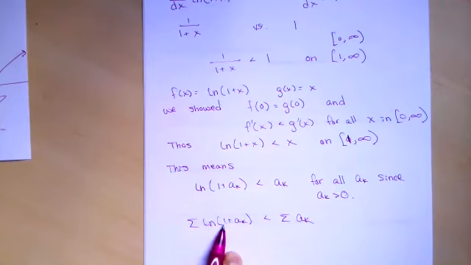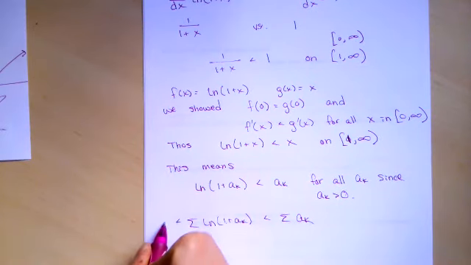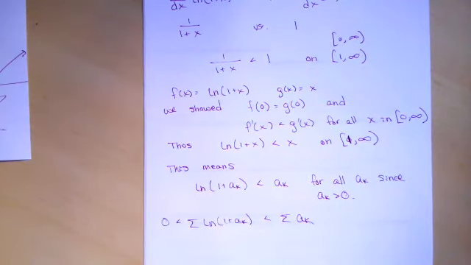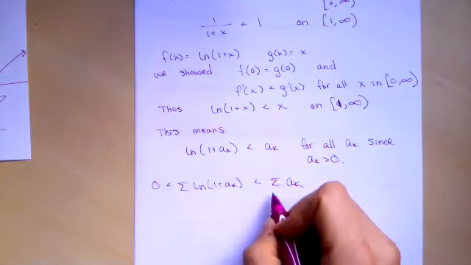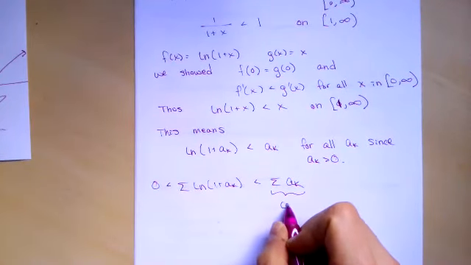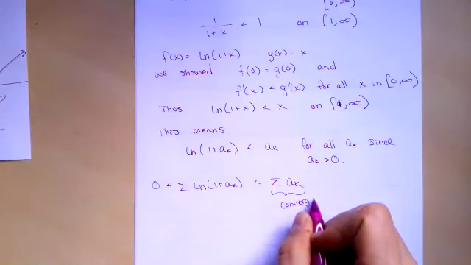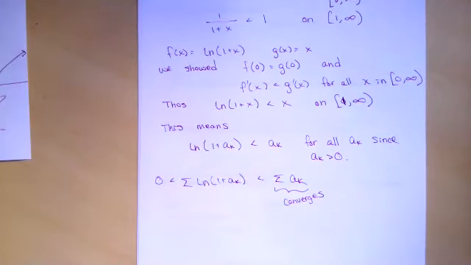And I know that because a_k is positive, this is going to be bigger than natural log of 1. And so I know that this guy itself is also bigger than 0. And so because this guy converges, as the information that we're given, this guy converges.